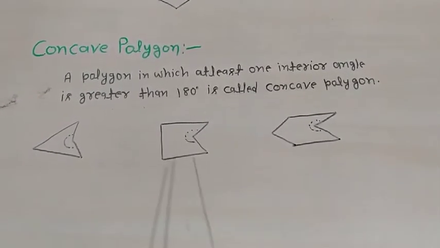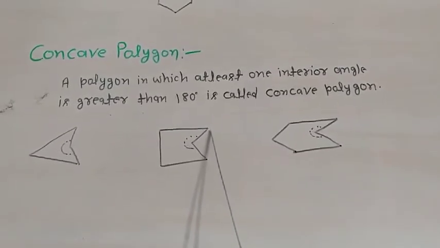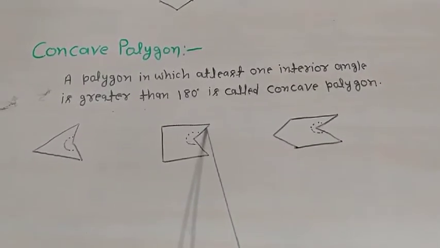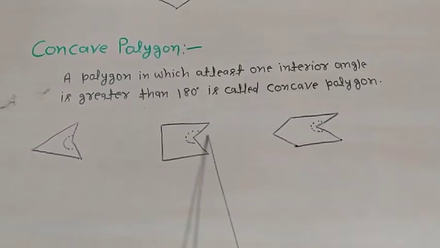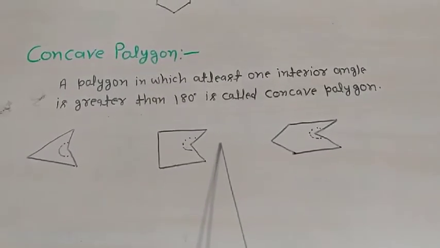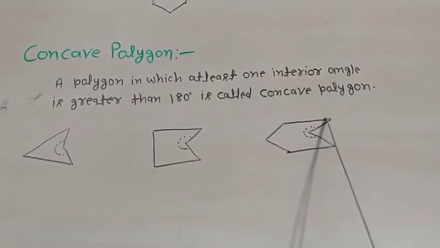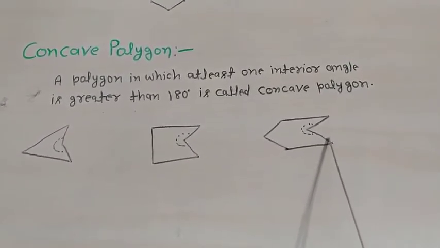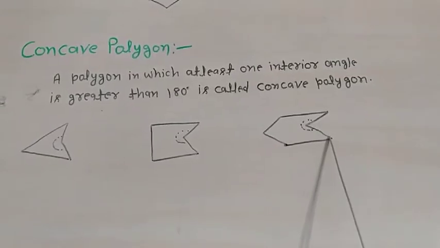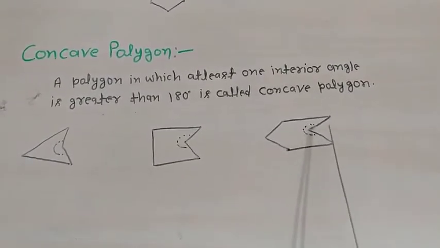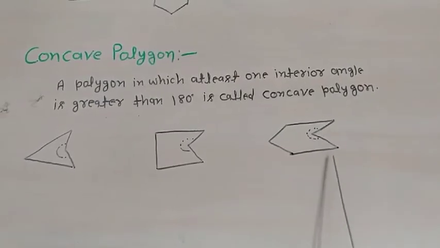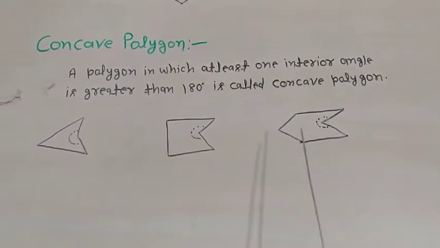If you join this vertex to this vertex, it becomes one diagonal which is outside, exterior to the polygon. And here, if you join this vertex to this vertex, it becomes one diagonal. So this diagonal is outside the polygon. So these are concave polygons.